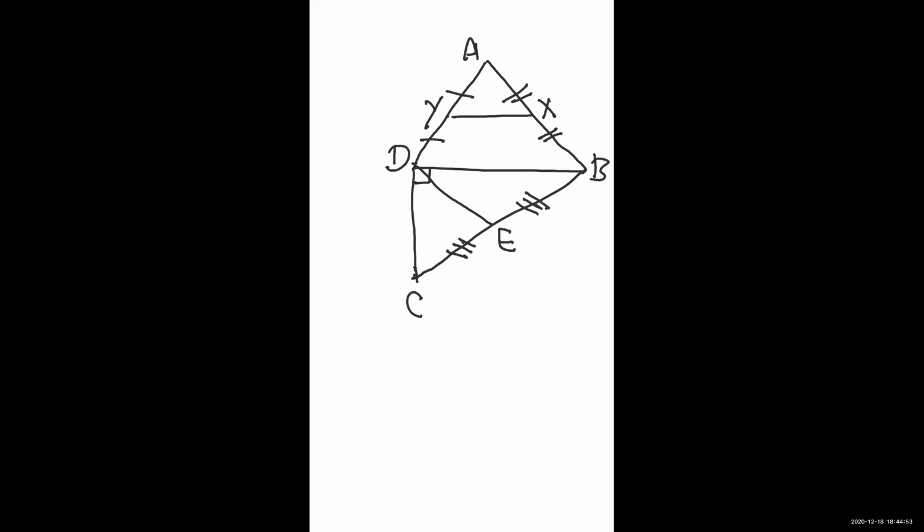And the measure of angle BDC, I mean this angle, is 90 degrees. Prove that DE is greater than XY. How to prove that DE is greater than XY? Where is DE? Let me change the color. DE means this one.